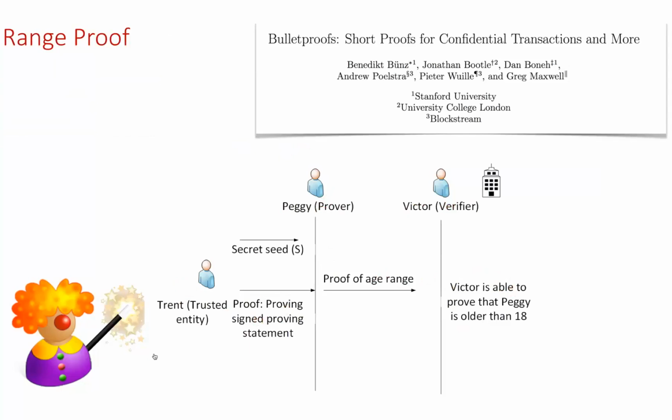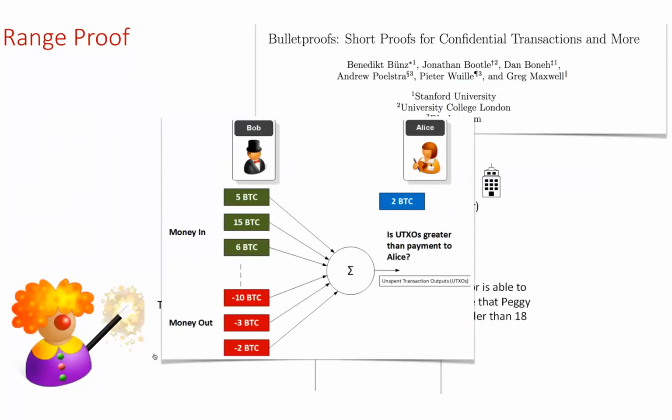This is the paper that came out recently, and it's quite a major advancement within blockchain and cryptography. It's called bulletproofs, and they create very short proofs around these ranges, and also these proofs can be merged together, so multiple proofs can be merged into a single signature. It tries to take this problem where we can find out if Bob has enough unspent transaction outputs to buy something, in this case for 2 bitcoins.